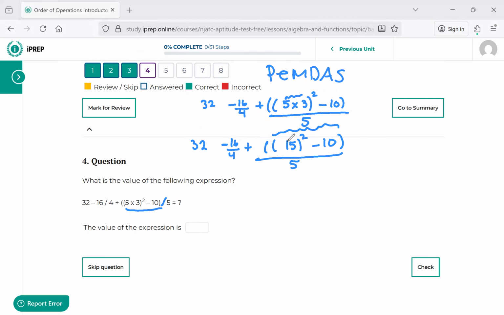And then we have this outer parentheses. So what do we do here? Remember, we have two orders of operation. We have an exponent and a minus 10. So when you have more than one order of operation, just do PEMDAS again, because you don't know which to do first. So in that inner parentheses, we have an exponent. That is going to be 15 squared, which is 225, minus 10, all over 5.